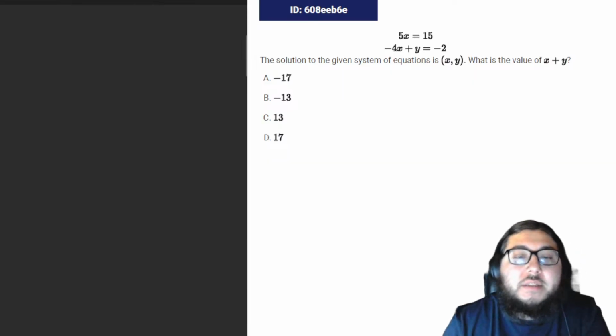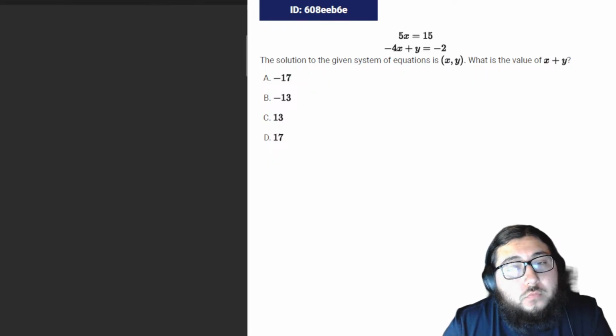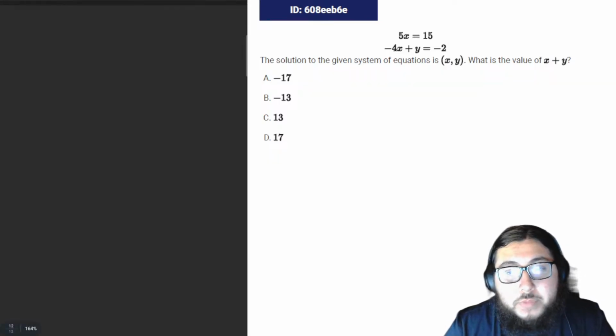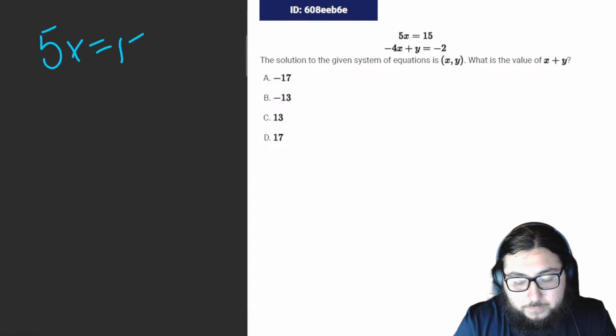So this one states that the solution to the given system of equations is x comma y. What is the value of x plus y? Well, we can solve for x and y independently and then substitute that into this expression x plus y. So first, top equation, 5x is equal to 15.